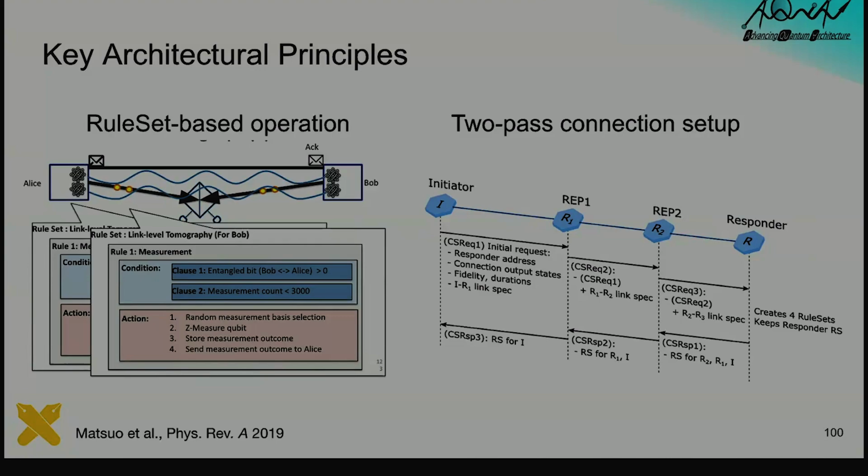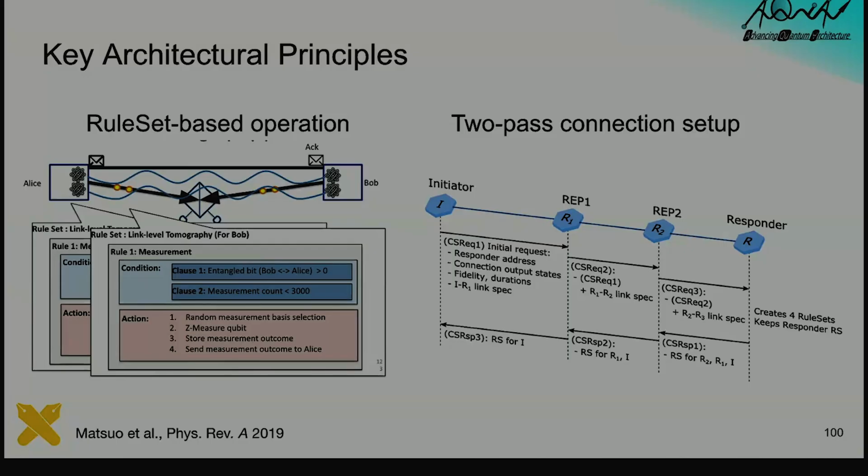It has no direction to it, and it doesn't matter which way you're going to teleport data or what you're going to do with it. The initiator is the one who sends the first classical message to a responder, very much like a client and a server in a classical network architecture, and says, I want to create a connection with you so that we can share some Bell pairs.